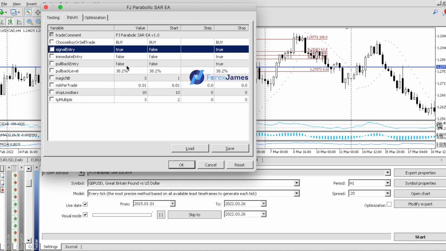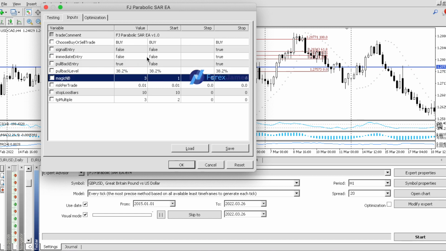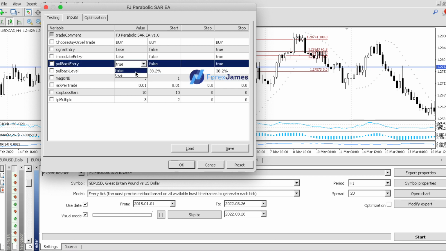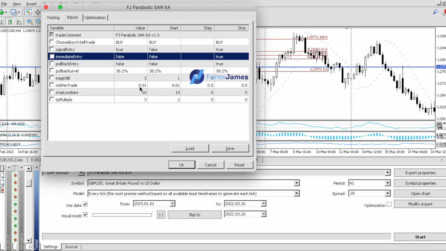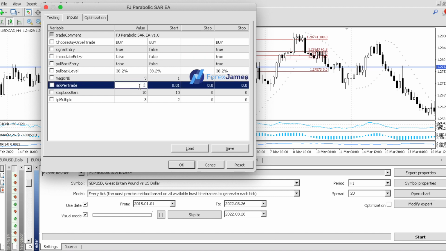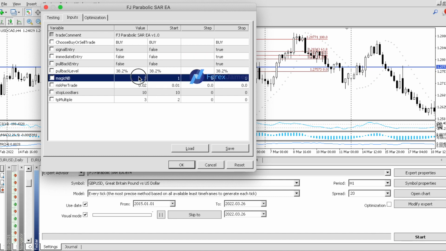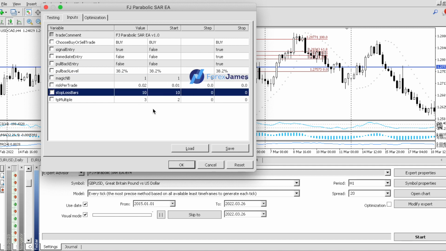If you set this to true, then you gotta change this to false. There can only be one mode at one time. So let's check out the signal entry for buys. Risk per trade 0.02, magic number 1, TP multiple 3.